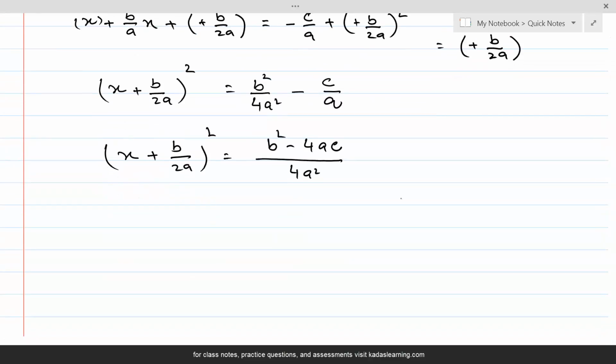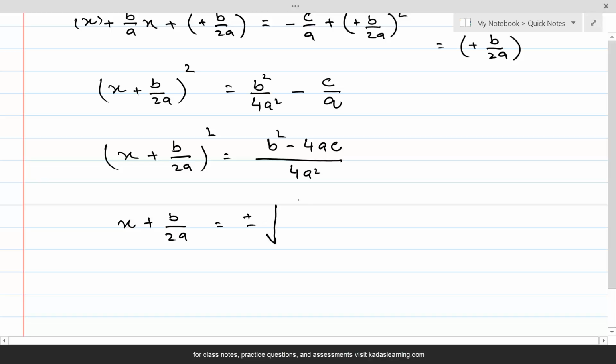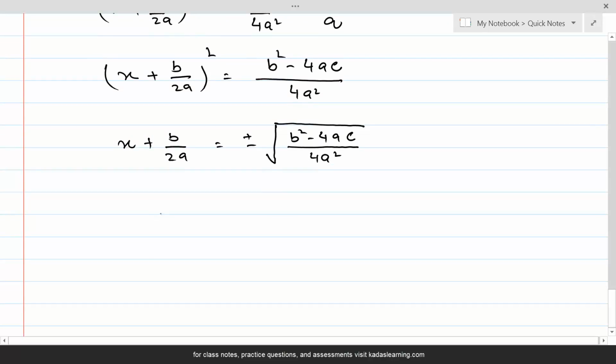Now we apply the square root property and we get x plus b over 2a equal to plus minus square root of b square minus 4ac over 4a square, which is x equal to minus b over 2a plus minus, and here we have square root of b square minus 4ac divided by 2a, because square root of 4a square is equal to 2a.